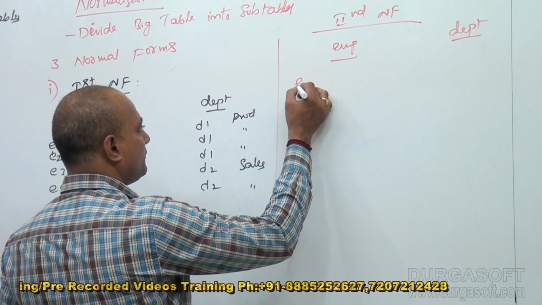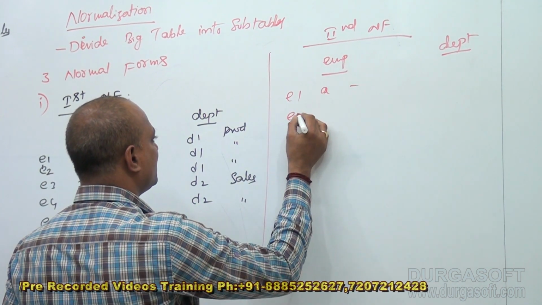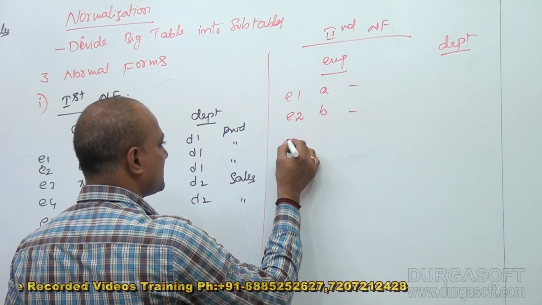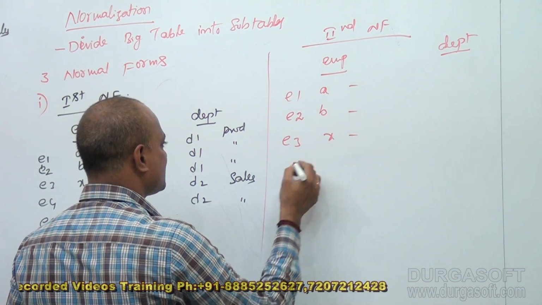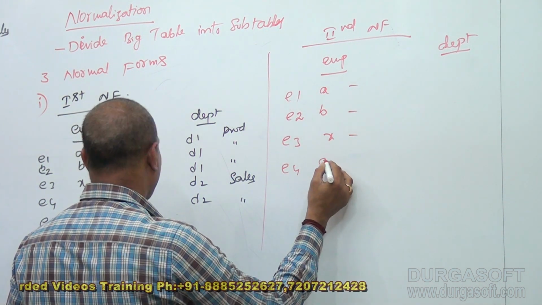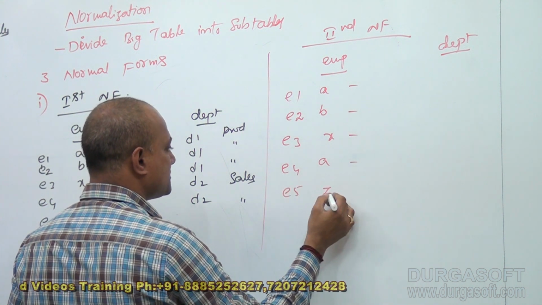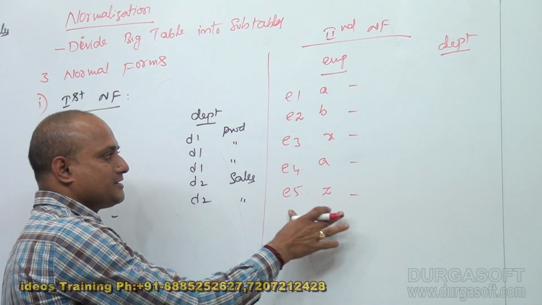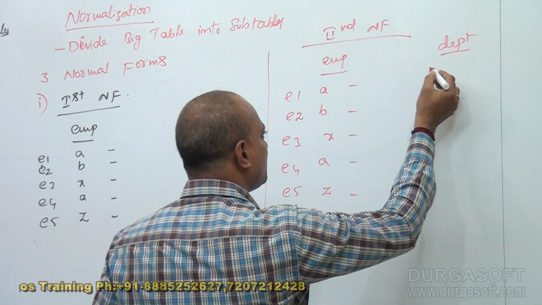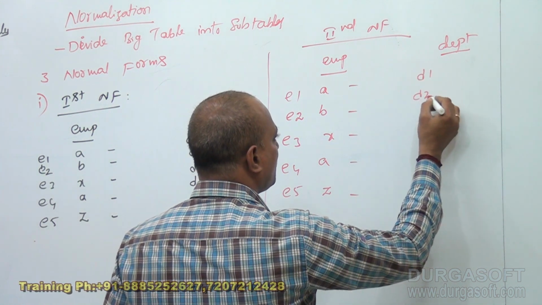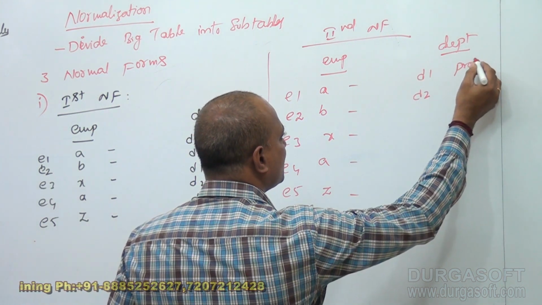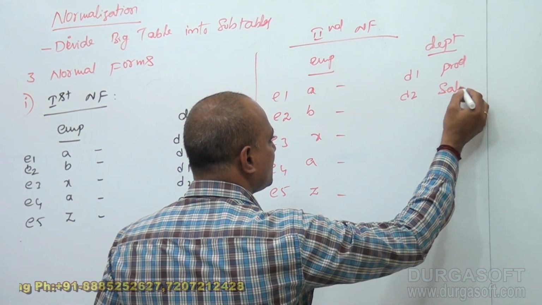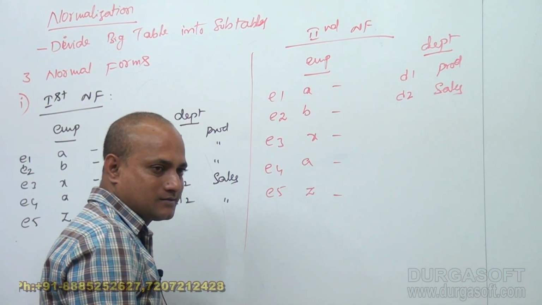So E1 A some salary, E2 B some salary, E3 X and E4 A and E5 Z. Okay, this is employee data. So if you remove the duplicate records, you only have 2 departments, department 1 production and department 2 sales.